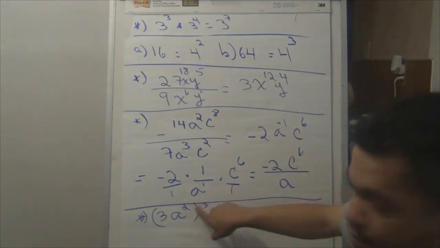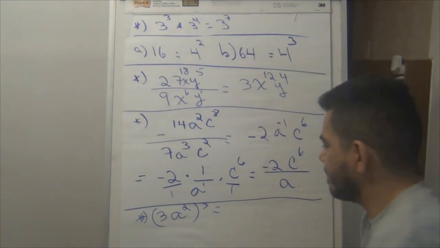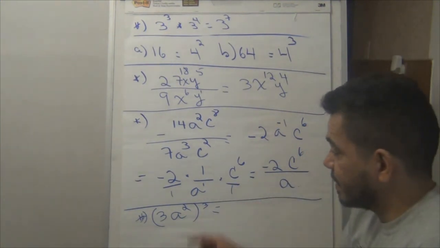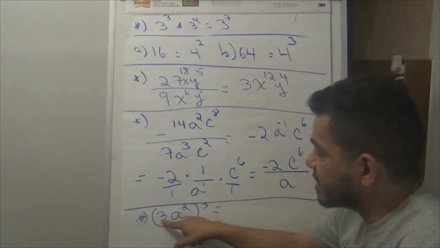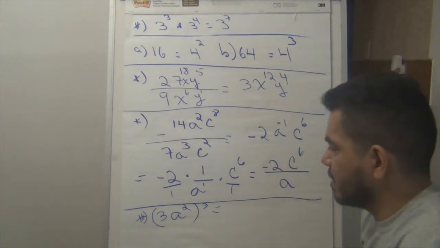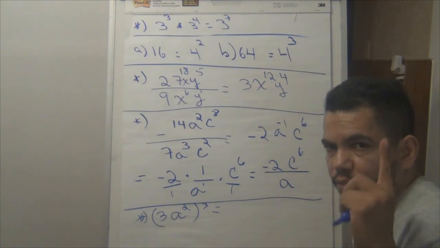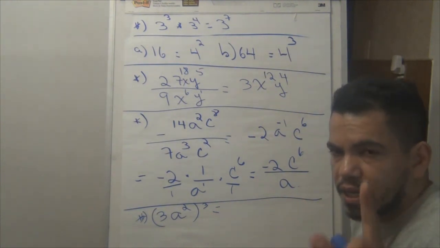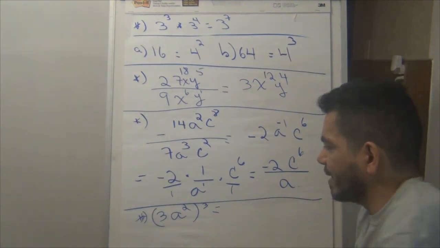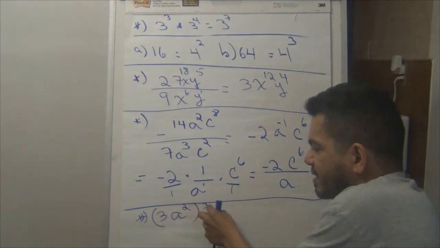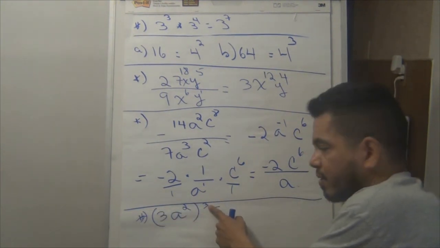I know it looks weird. Now I'm raising an exponent to another exponent. By the way, this means do whatever is inside the parentheses 3 times. I'm only gonna show you one time, and hopefully you understand. Whatever is inside the parentheses gets raised to the third power.